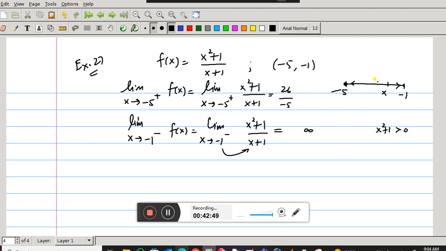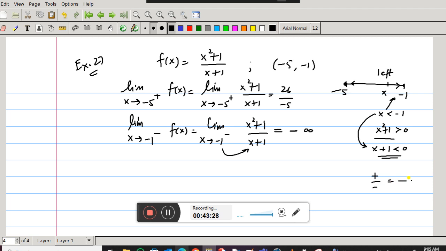When x is less than minus 1, then x plus 1 will be negative. So we have plus at the top, minus at the bottom, so the answer is minus infinity. Plus divided by minus will give you minus.